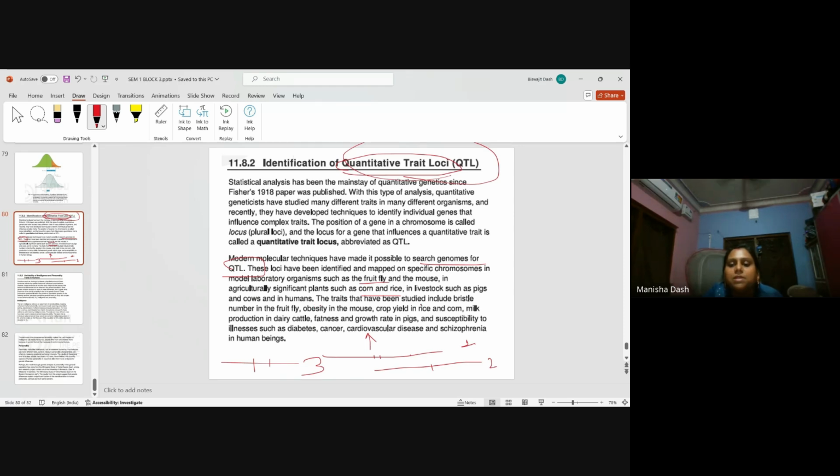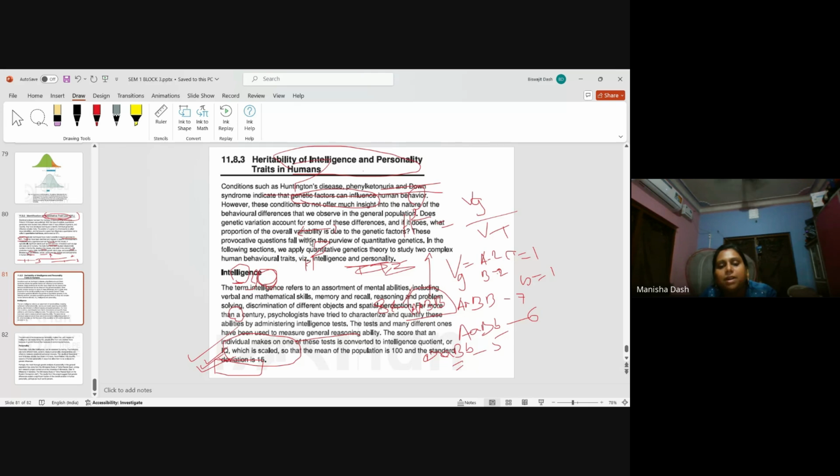The traits studied include bristle number in the fruit fly, obesity in the mouse, crop yield in rice and corn, and milk production in dairy cattle. In humans, the genes responsible for diabetes, cancer, cardiovascular diseases, schizophrenia, etc. can also be identified.